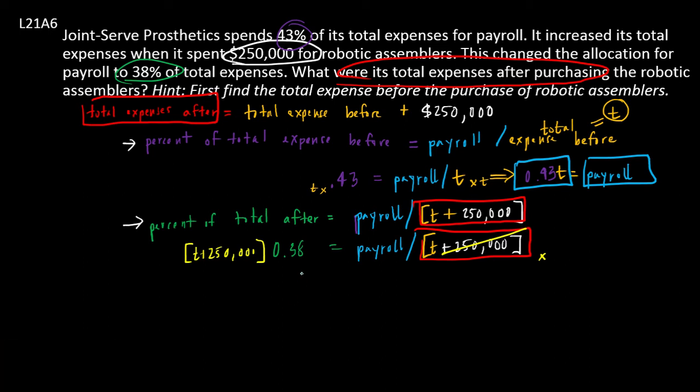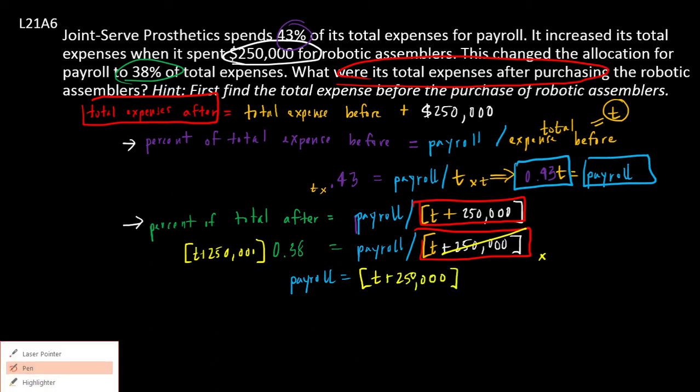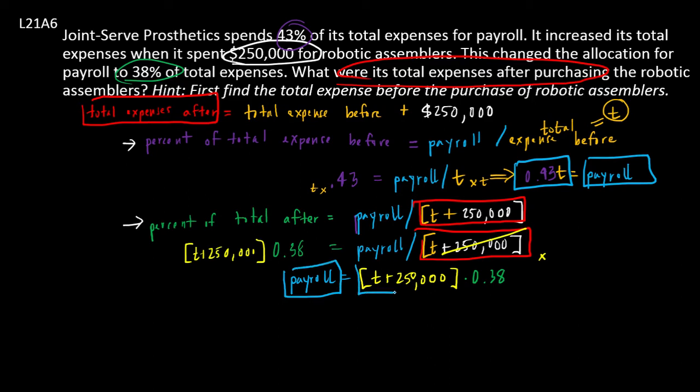So let's rewrite that. Payroll is equal to T plus $250,000 times 0.38. Okay? So whether I write payroll or whether I write T plus 250,000 times 0.38, I'm writing the same thing.